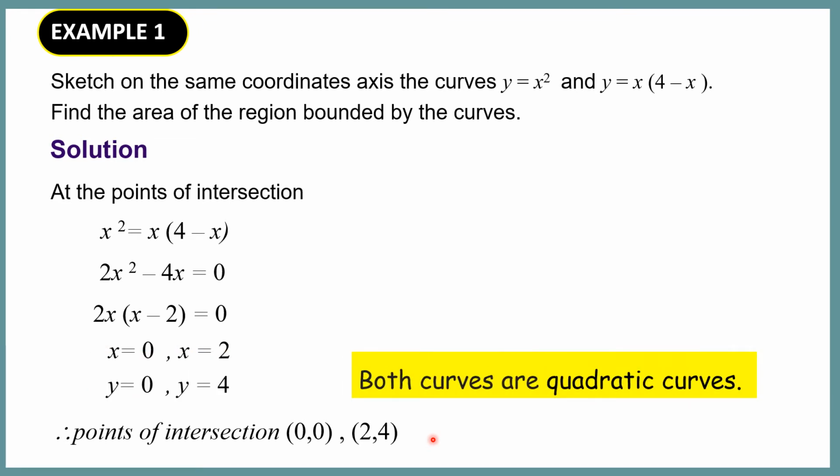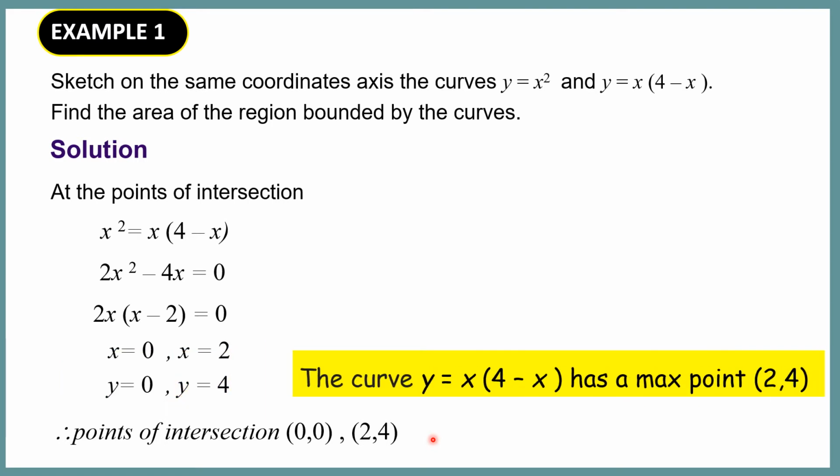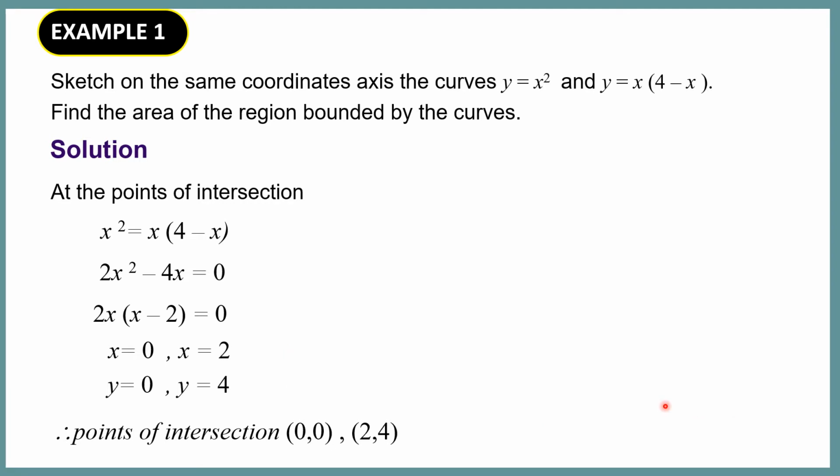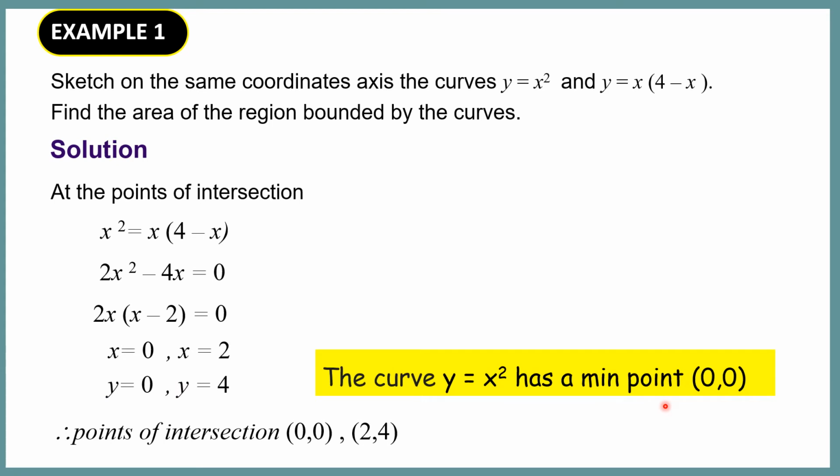Now, both curves are quadratic curves. The curve y equal x multiplied by 4 minus x has a maximum point 2, 4, while the curve y equal x squared has a minimum point 0, 0.